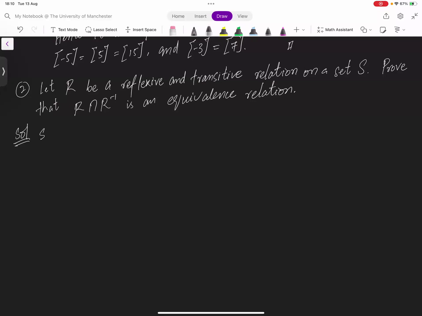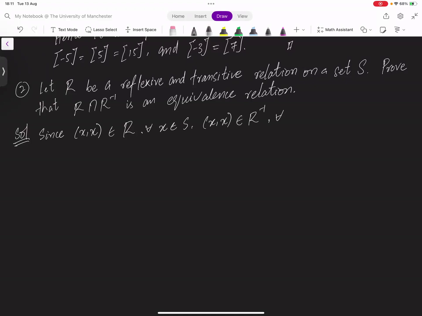So let's do that. Since we know that R is a reflexive relation, the ordered pair (x, x) will be in R for all x inside the set S, and this pair will also be inside the inverse for all x in S. Thus, this ordered pair is in the intersection for all x in S. Hence, the intersection of R and R inverse is reflexive.